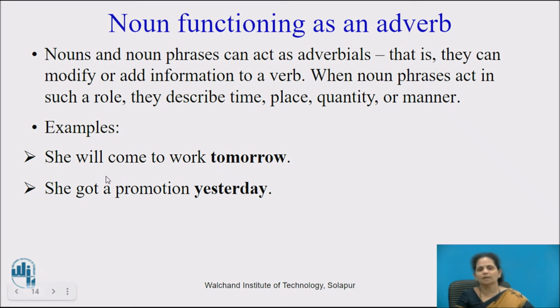Now see the examples. The first example, she will come to work tomorrow. So in this sentence, tomorrow, the noun, functions as an adverb of the verb will come. Now the second example, she got a promotion yesterday. So here yesterday works as an adverb of the verb got.